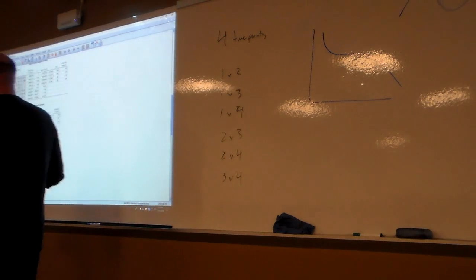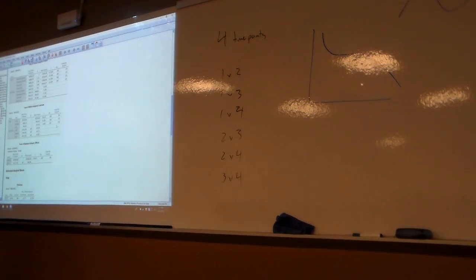SPSS will give you polynomial contrasts, and they'll continue. So if I had 5 assessment points, it would give me a test of the 4th order polynomial here, right? If I had 8, it'd give me a test all the way up to a 7th order polynomial. Just because something gives you a test doesn't mean you're obliged to interpret it or make anything of it.